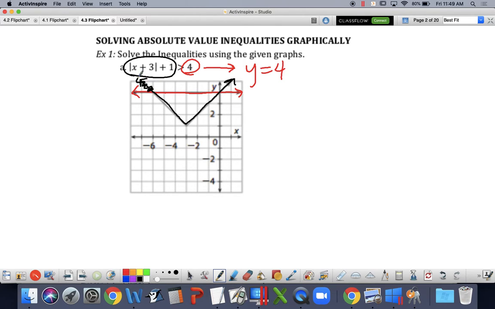Well, it's right here, would we all agree, going on and on forever, and also over here, going on and on forever. So how do I figure out what those solutions are? I come down here and I look at the x values where that happens. So it happens when x is less than -6, excuse me, or when x is greater than 0.